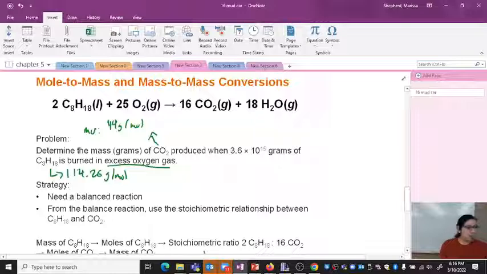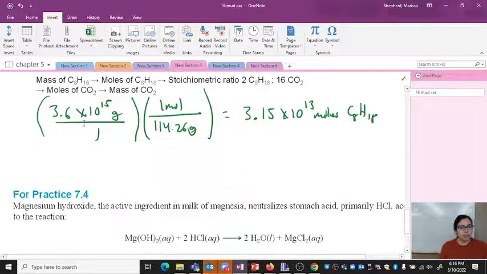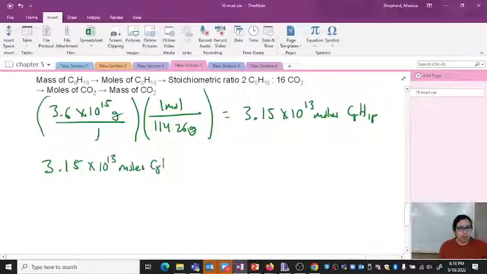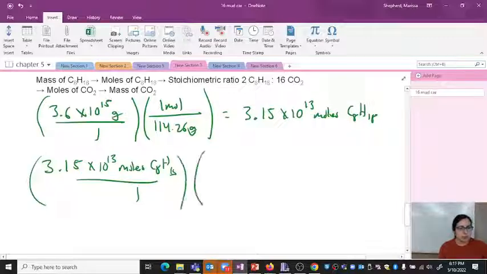So then I see in the chat, multiply it by the ratio. Exactly, right? Go back to your balanced equation. We have 16 moles of CO2 for every 2 of our octane. We could have set this up in one big line, but I just stopped to gather. Now we have moles of octane and we want moles of CO2.